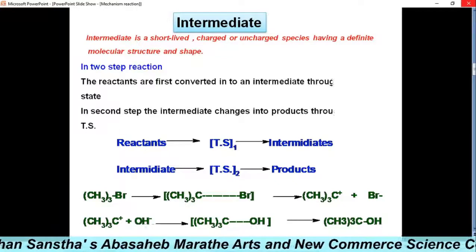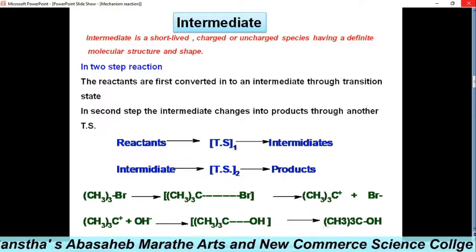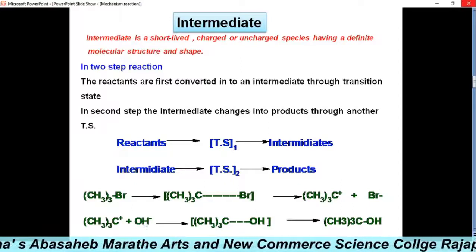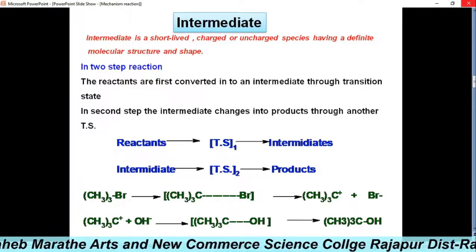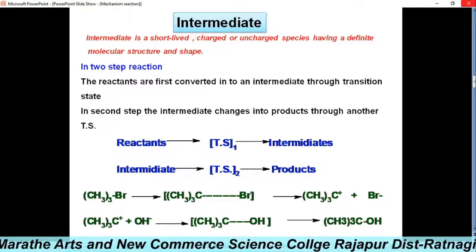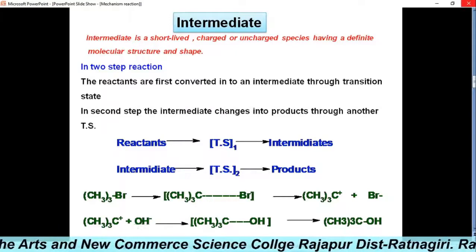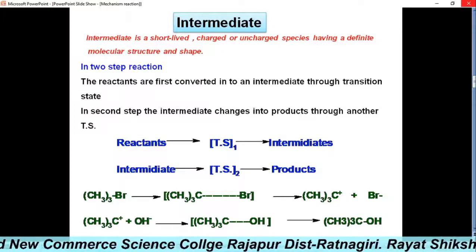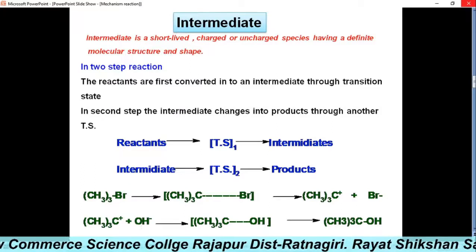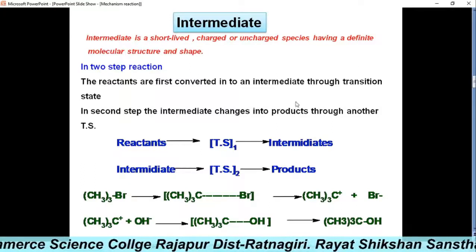In a two-step reaction, the reactants are first converted into an intermediate through a transition state. In the second step, the intermediate changes into products through another transition state.